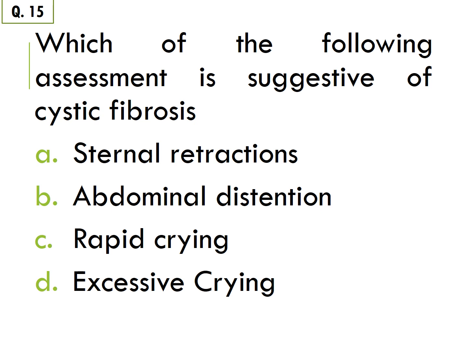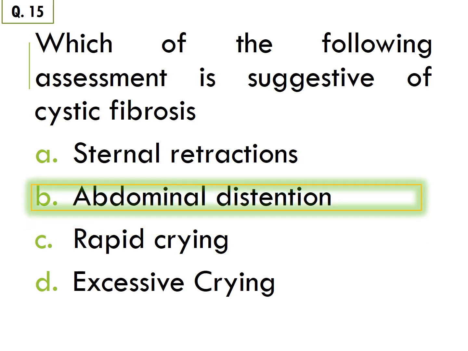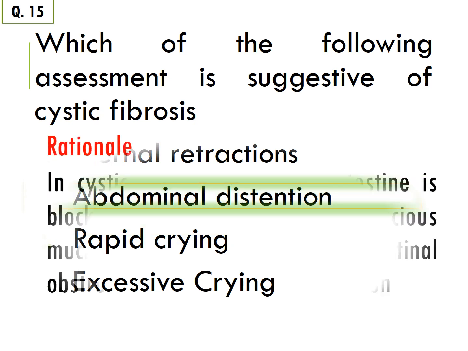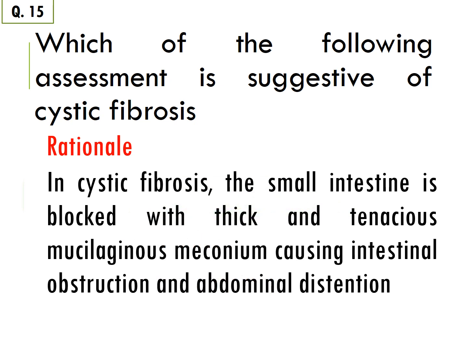So let us go for the last question and the last answer. The question is, which is most indicative of cystic fibrosis? And the answer is abdominal distension. Why? Because in cystic fibrosis, the small intestine is blocked with thick and tenacious mucilaginous meconium, causing intestinal obstruction and abdominal distension.